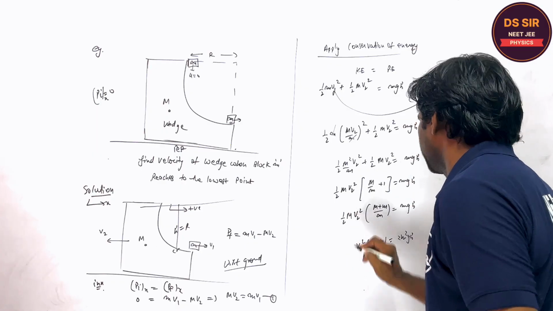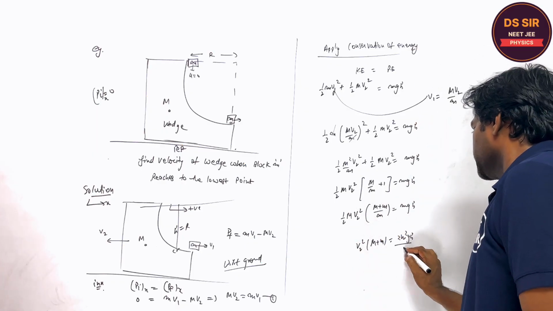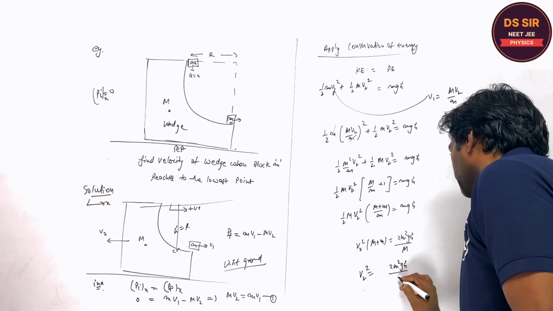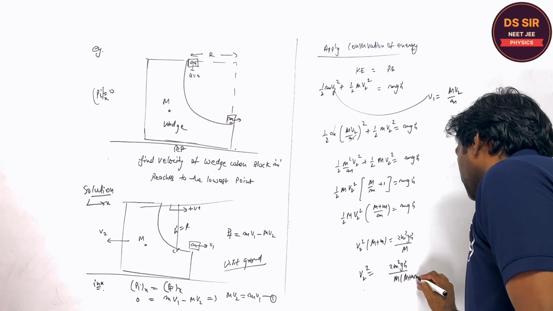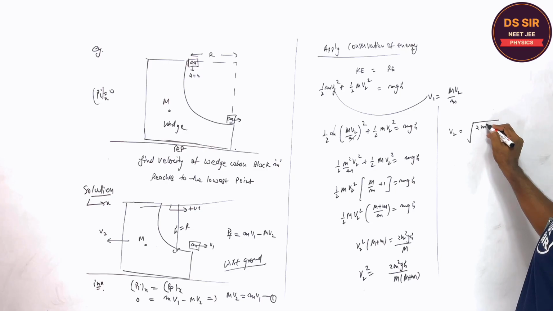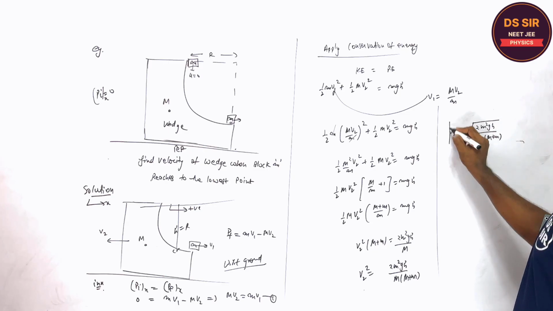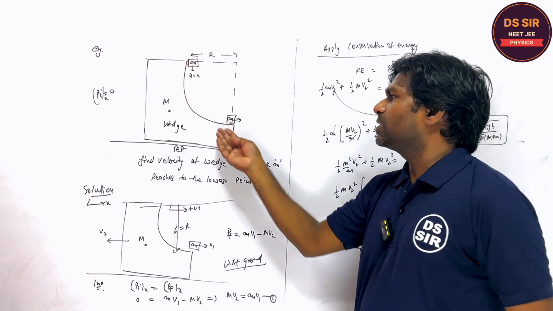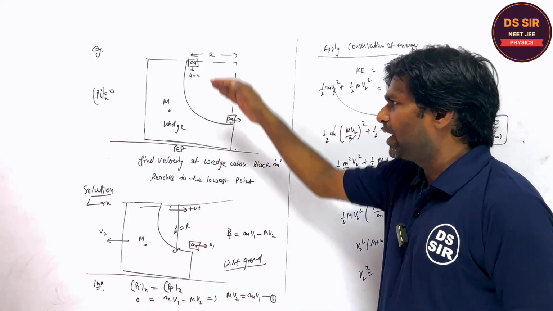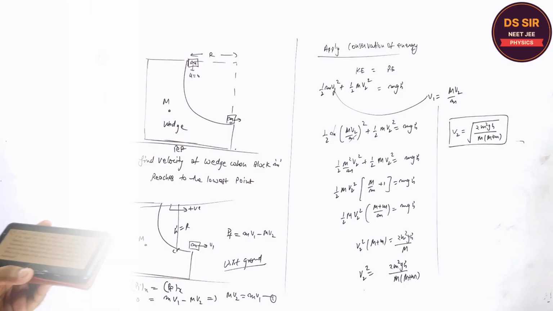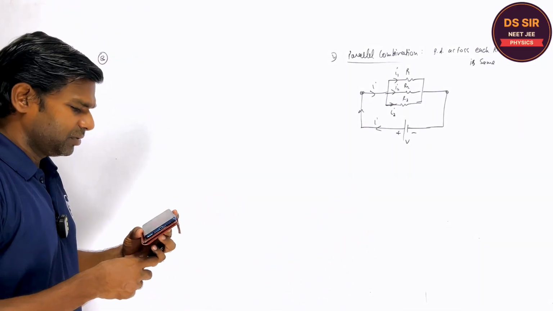This is the capital M, and small m is multiplied, this is capital M. So this is the speed acquired by this wedge when the block reaches the lowest point. Understanding? Copy this. Can you read question number 8 now?